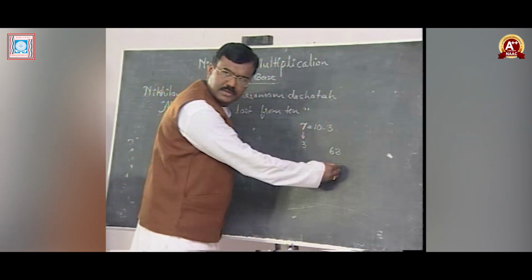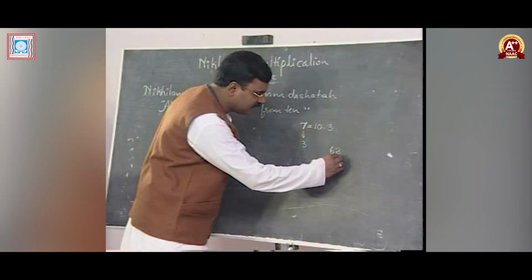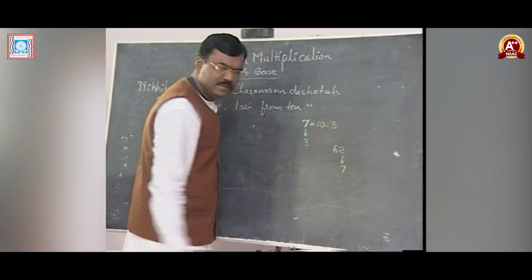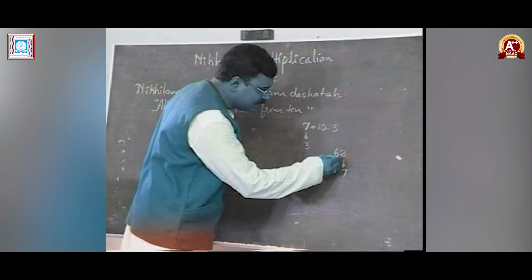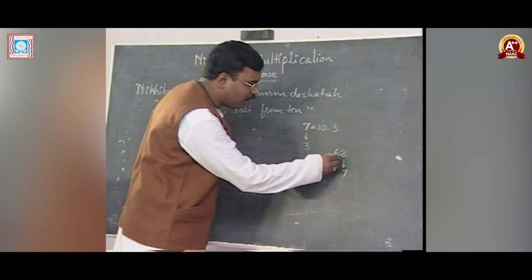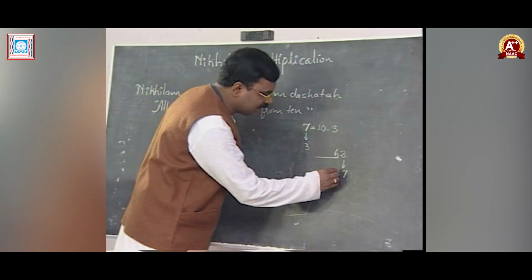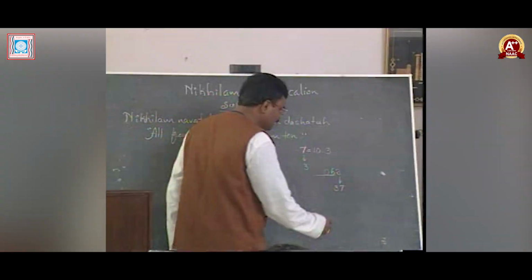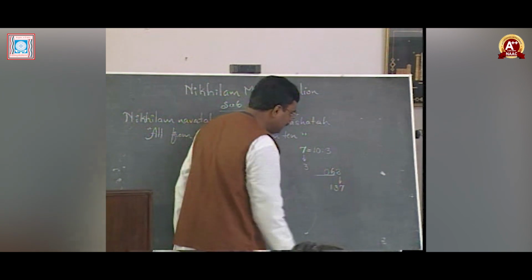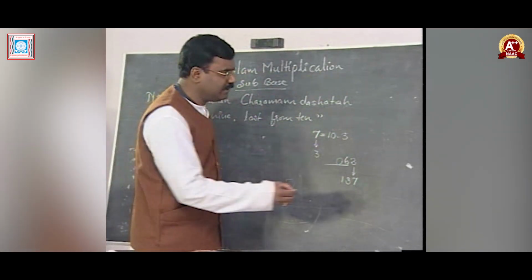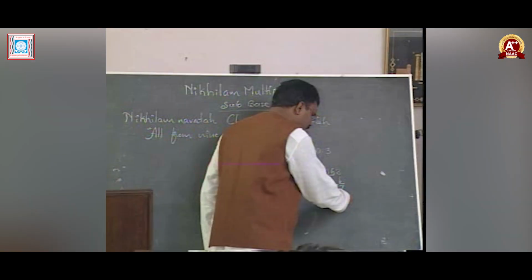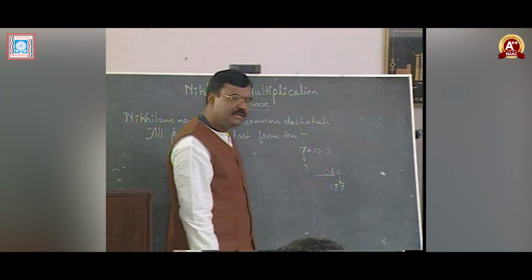For the unit place, 3 from 10 is 7, and the other digits are from 9, hence it is 3. There is nothing, meaning 0, and 0's ekadhika is 1. That means 63 may be written as 3 and 7 bar. If you subtract 37 from 100, you will get 63.